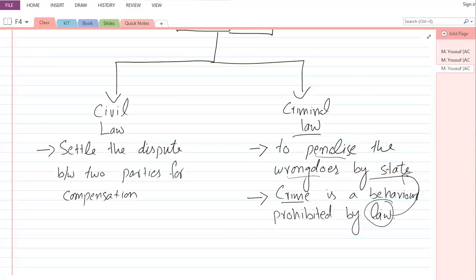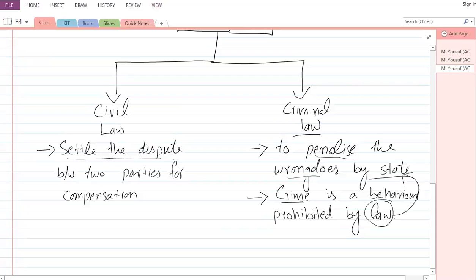Whereas in civil law, the purpose is very much different. In civil law, the purpose is to settle the dispute. We want to settle the dispute between two parties, Mr. A and Mr. B. They have a dispute among them due to a contractual breach, a breach of tort, or a breach of employment rules and regulations.